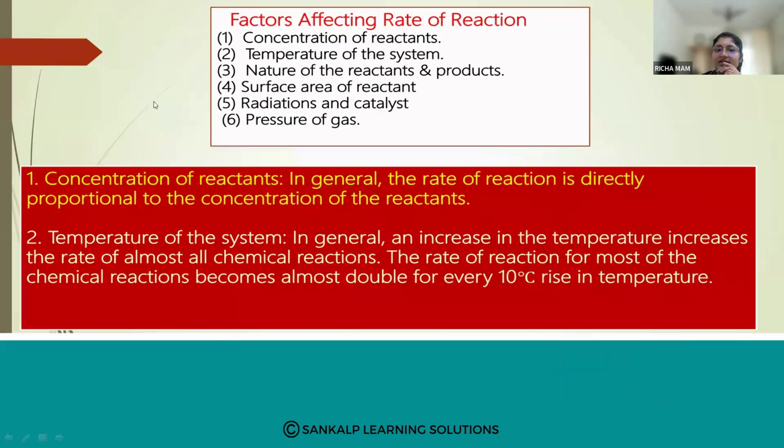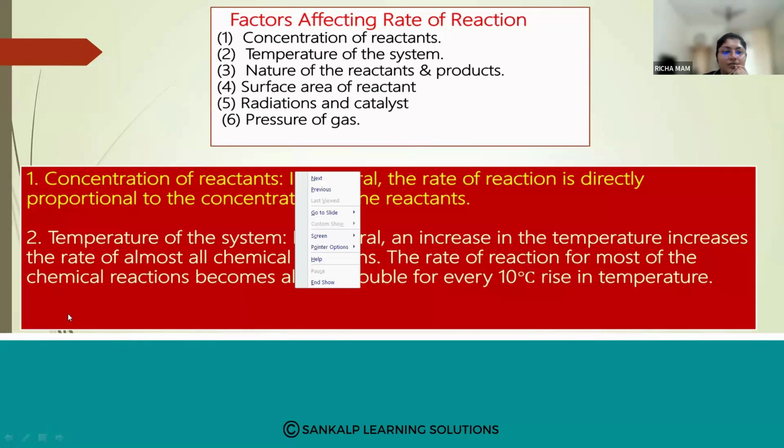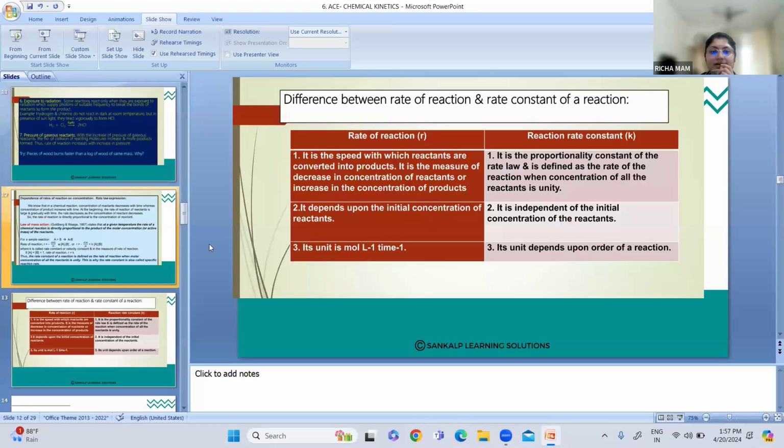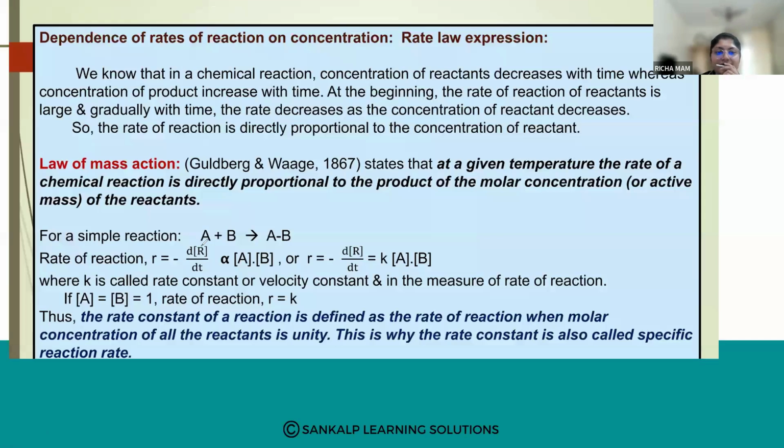So what we have seen, if we consider a reaction A plus B giving you AB, then our rate will be given as minus d[R]/dt.